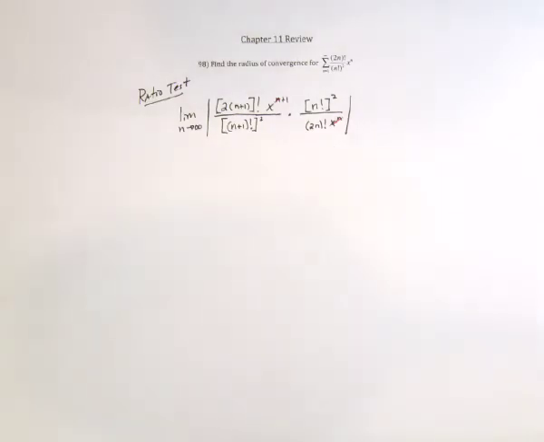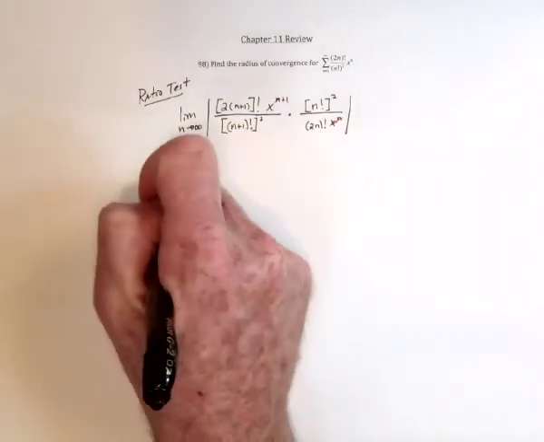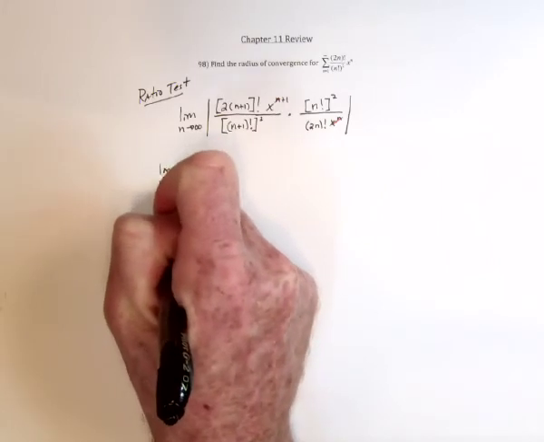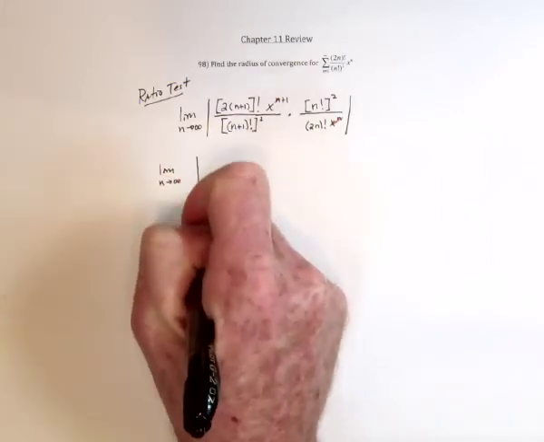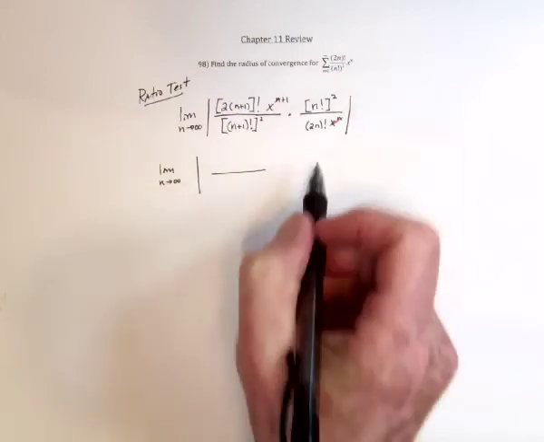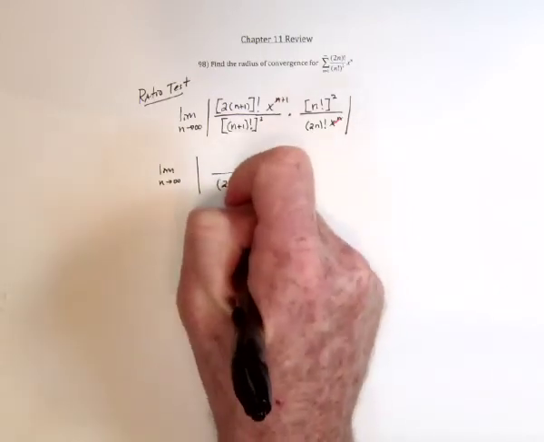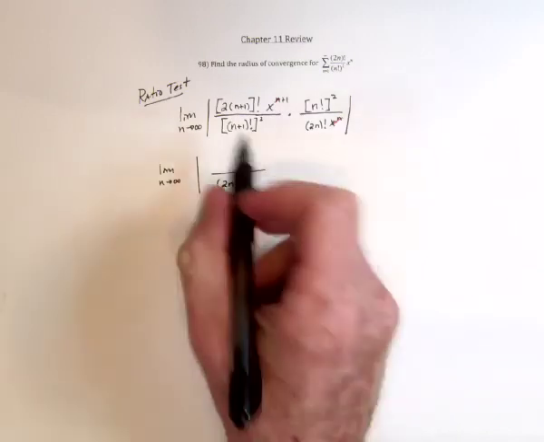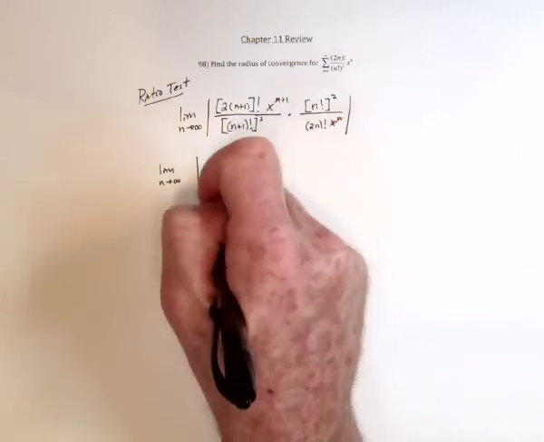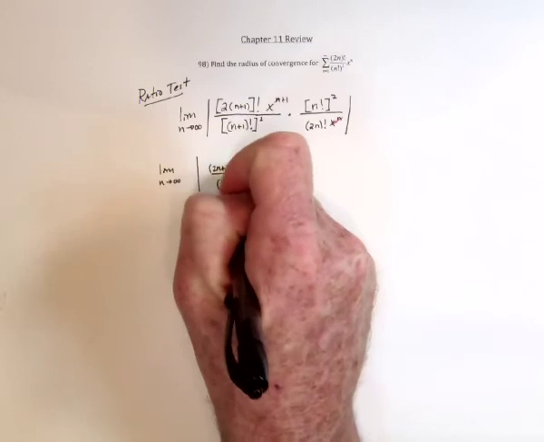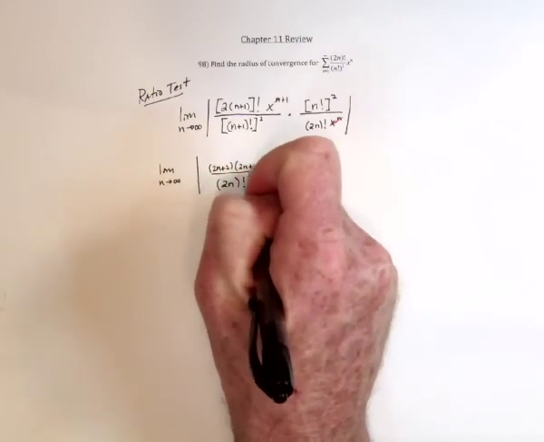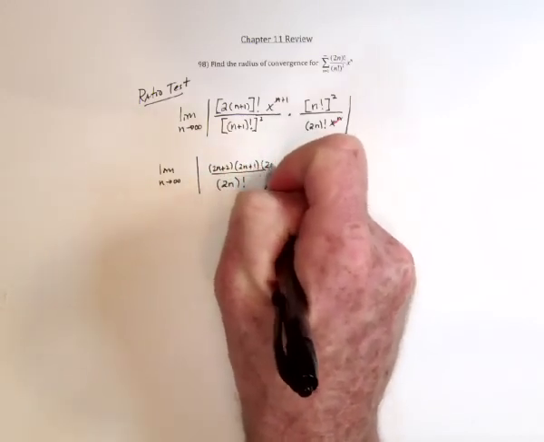Okay, so limit as n goes to infinity. I'm going to move this one over here. Okay, then this one, like I said, count it off as 2n plus 2, 2n plus 1, and then 2n factorial.